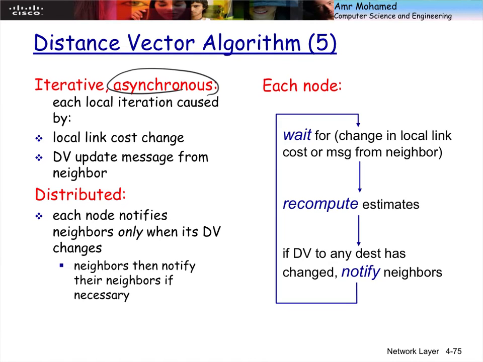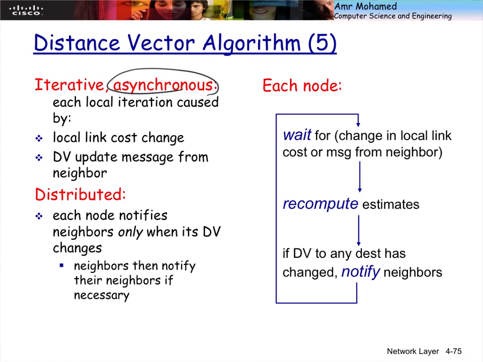What does divergence mean? Sometimes we improve, sometimes we degrade. If that's the case, then we go through oscillations and we'll never reach the steady state. We keep going up or down, we oscillate and we never converge. That will not happen using Bellman-Ford, which is very, very important, even if we do the calculations asynchronously. Okay?